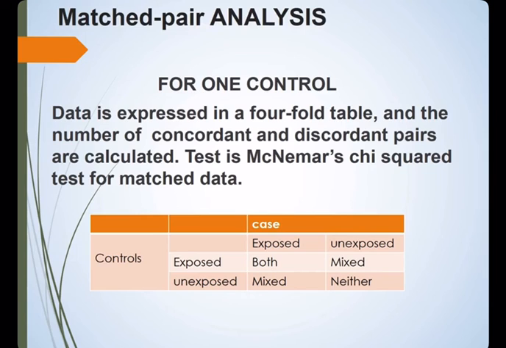In this kind of matched case control study, the test for this analysis is McNemar's chi-square test. The following table is the fourfold table that we need to assemble the data.